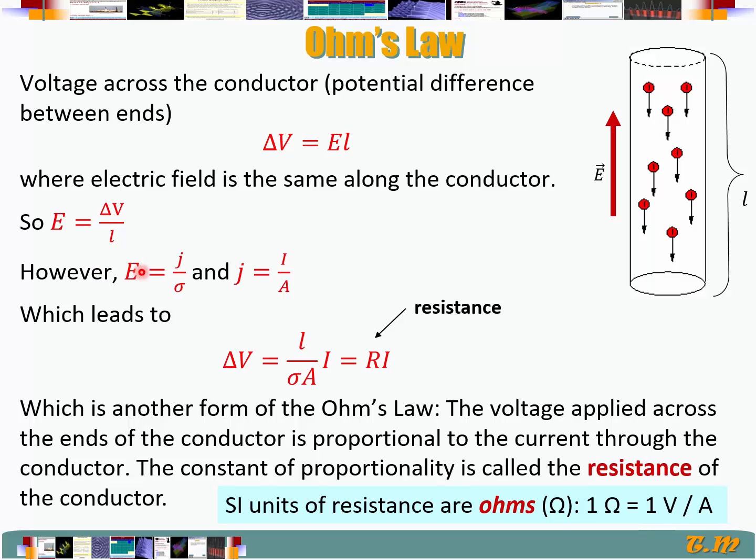However, E from Ohm's law is J over the conductivity, with J being the current over the area.